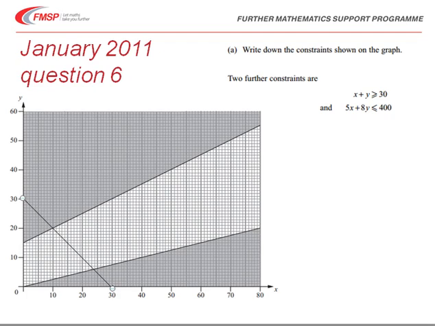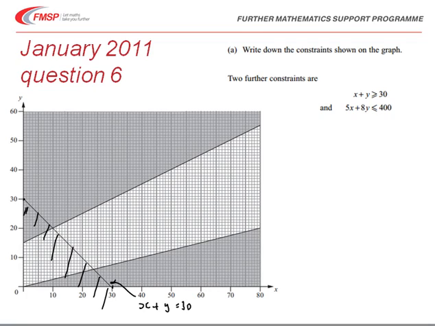And we want greater than or equal to 30, so it's going to be shading out everything which is below that line, or to the left if you prefer. So this is the shaded out region for that particular line, and this is the line x plus y is equal to 30.